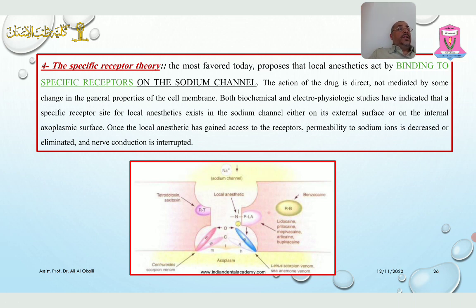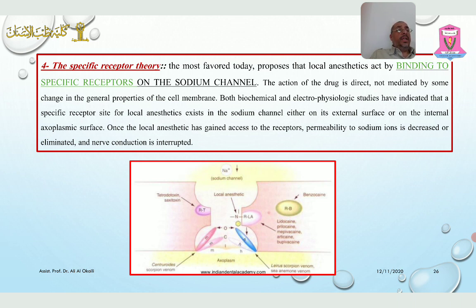Proposes that local anesthetics act by binding to specific receptor on the sodium channel. The action of the drug is direct, not mediated by change in the general properties of the cell membrane.